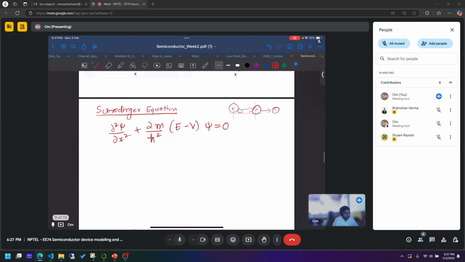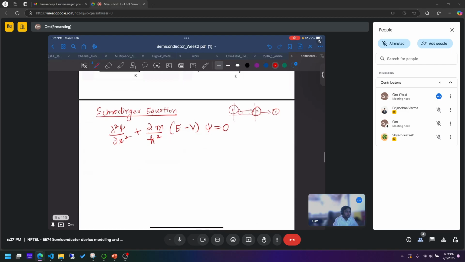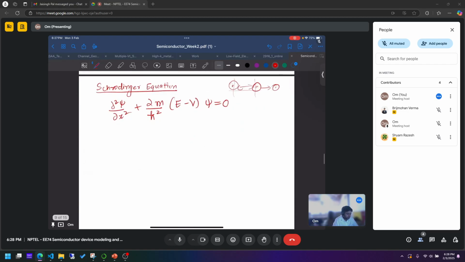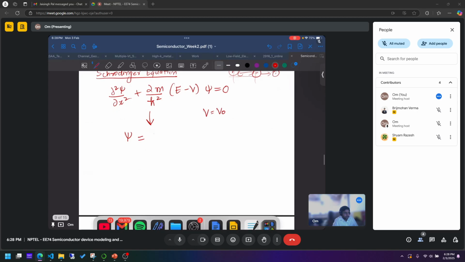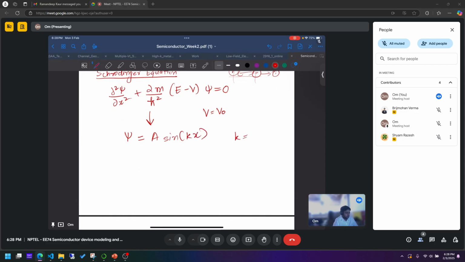The solution that we get for a simple constant potential problem, if V is simply V naught, is psi equals A sine kx, and k is nothing but under root 2m by h cross square (E minus V0).